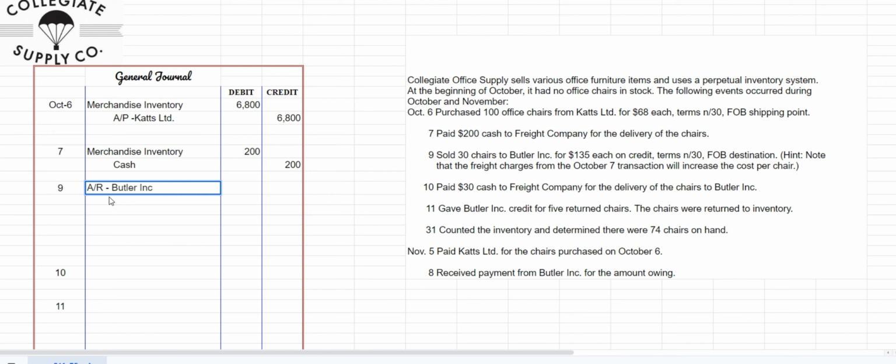And then the credit account, well, in a service business, you would expect it to be revenue, but in a merchandising company, it's going to be sales, which is similar to revenue, but it's just the way we do it in merchandising.